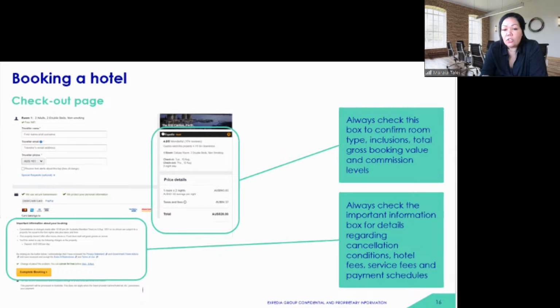You can enter your traveler's information to your left here. Check the detail box, confirmation, room type, inclusions, total gross value, and the commission levels to make sure all is correct before completing your booking.